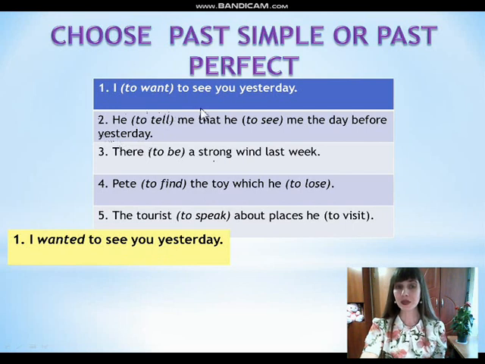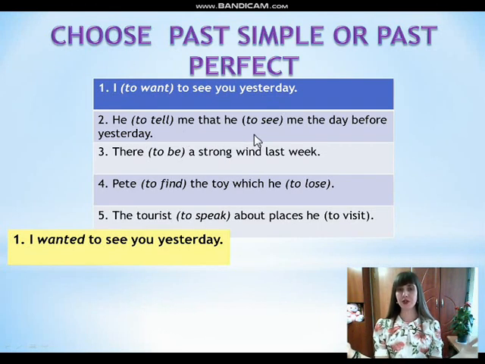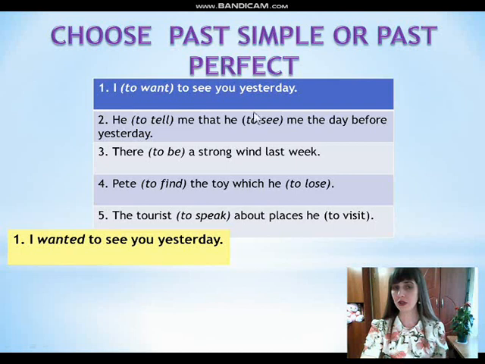The sentence number 2, it is much bigger, right? So, maybe it is a little bit more difficult. He to tell me that he to see me the day before yesterday. In this sentence, we have 2 past actions. Which one is the first? To tell or to see? It is to see.